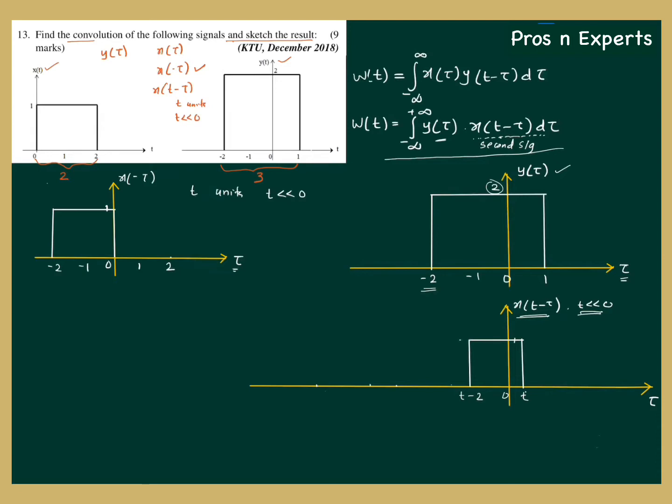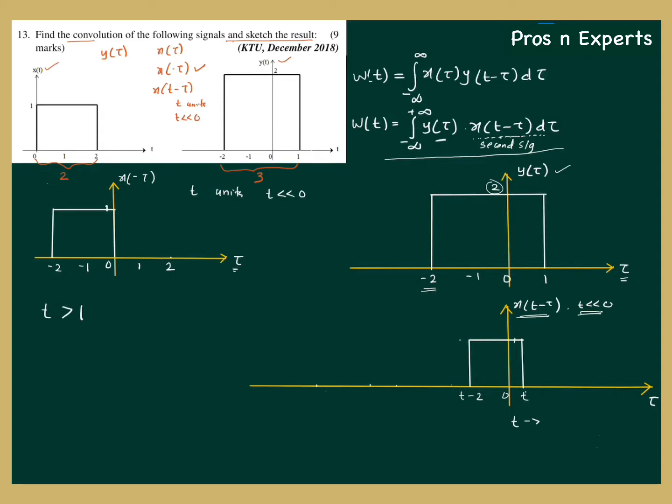All right, now we still keep on incrementing t slightly, and what is the next possible variation in the output? We can say that t is out of y of tau, but t minus 2 is still inside y of tau. This leading edge is out of y of tau, but the trailing edge is still inside y of tau. So what is that condition?